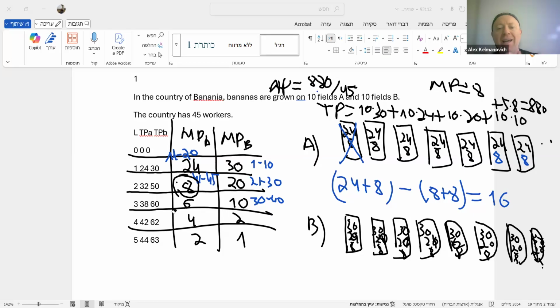Suppose that I delete this field, and all the laborers who work there, I find them another place to work. And the difference, which is here 16, is the marginal product of this field. The difference between the situation when I have 10 fields of type A and 9 fields of type A is 16. So this is the marginal product of a field.